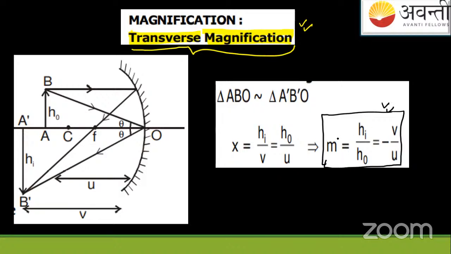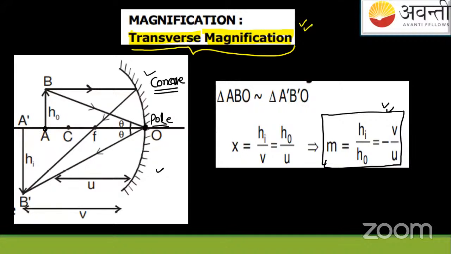What it says like this. If you are given one of the types of the spherical mirror, either it is a concave mirror as it is given here, or either it is a convex mirror. Okay, if this is pole here, this is pole.